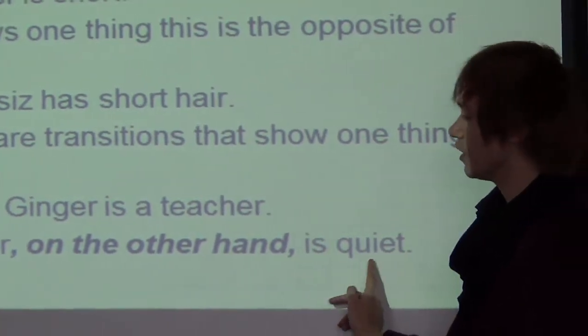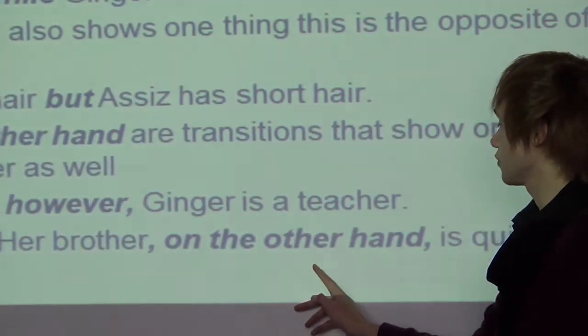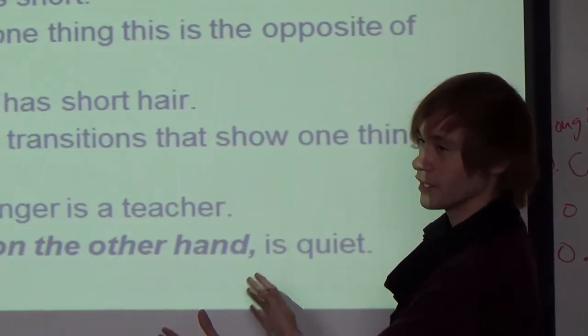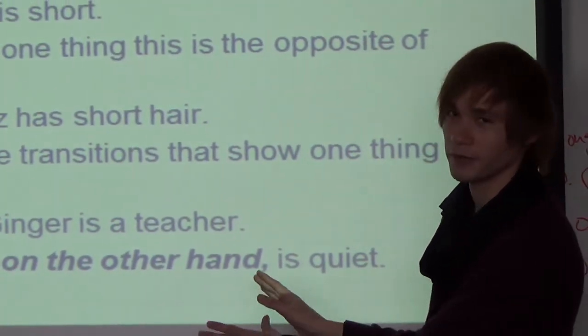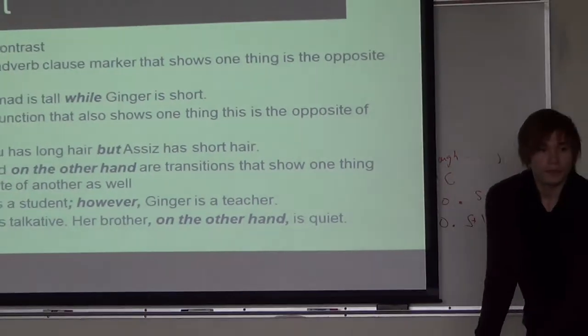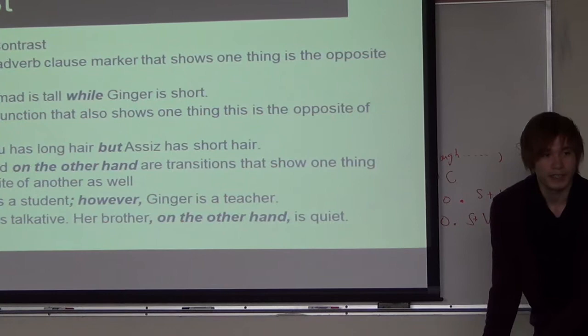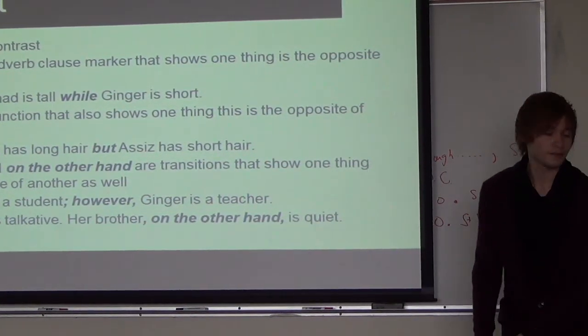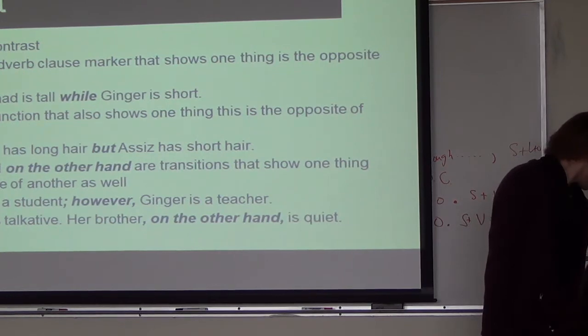It's not on the other hand, her brother is quiet. It's positioned a little differently. It caught me by surprise too. I just want you guys to notice that also. So it comes after the subject, in commas. Yeah. You have to put it in little commas. All right. Good question.